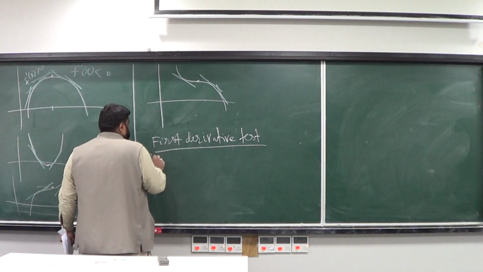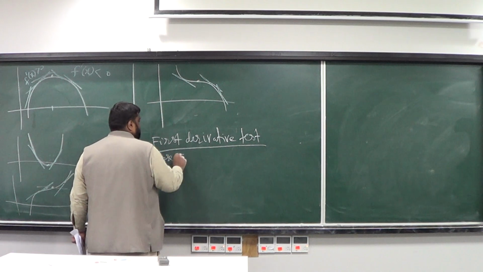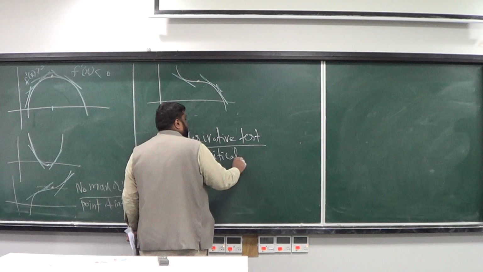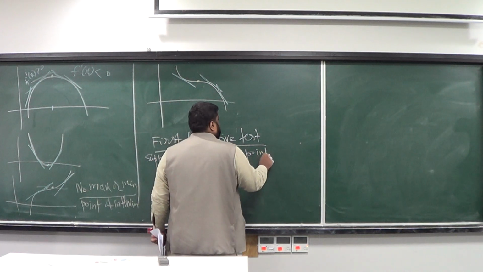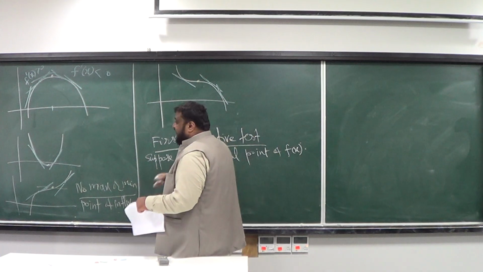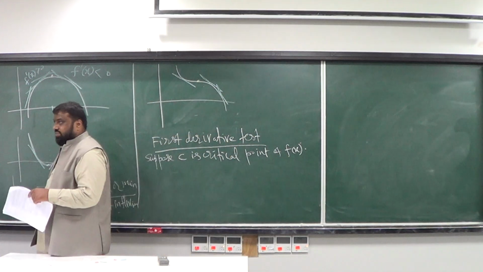It goes like this. Suppose c is a critical point of f of x, so it's a point where the derivative of the function is 0.